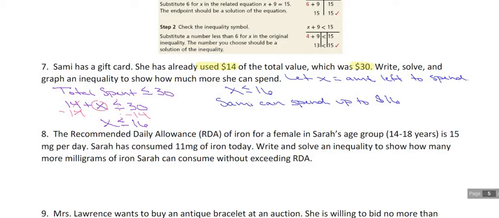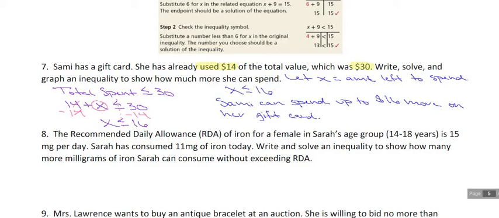Sammy can spend up to $16 more on her gift card. Okay, so she can spend $16. So it's up to. She could spend $10. She could spend $2. She could spend no dollars if she wanted to, and she'd still have $16 remaining.